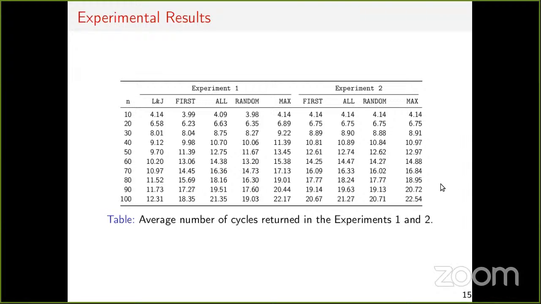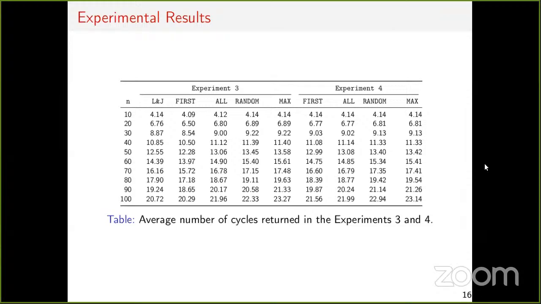But we can note that when we force using the small cycles of Lin-Jiang's algorithm, the max algorithm has worse performance than when it's not forced to use the short cycles, as you can see comparing this column of the table with this column of the table, that for sizes 20 to 80, the results are worse.